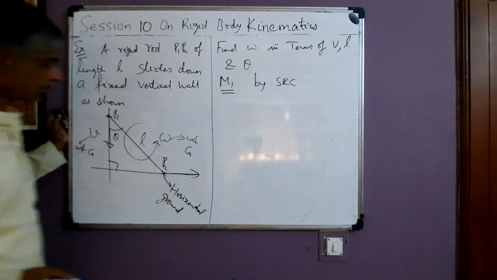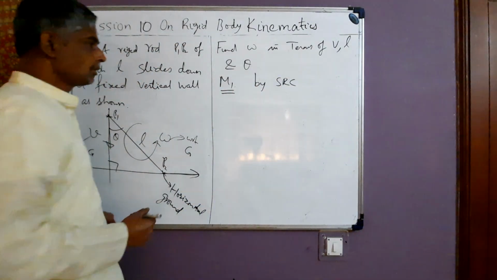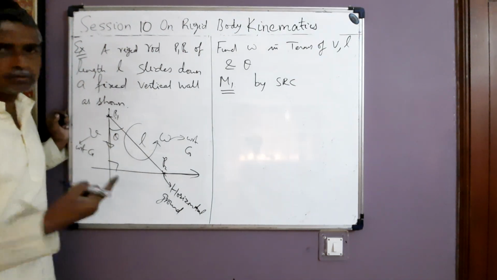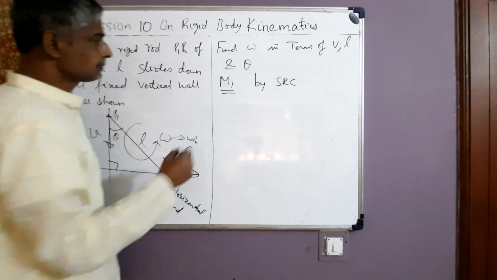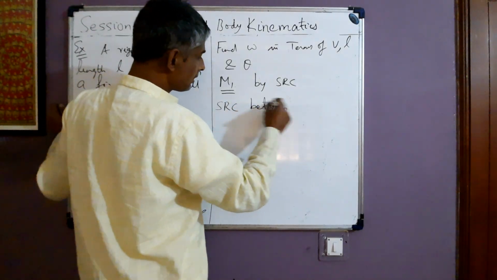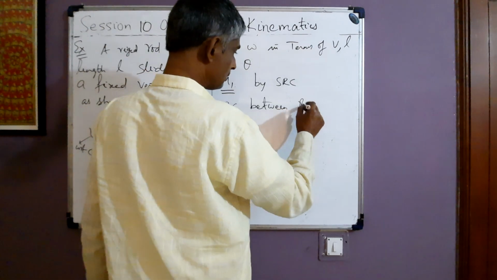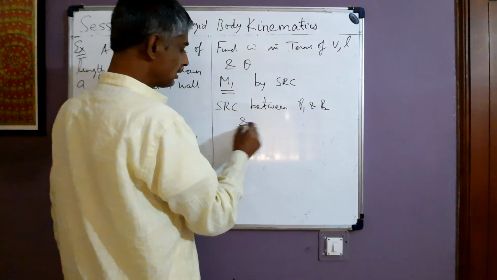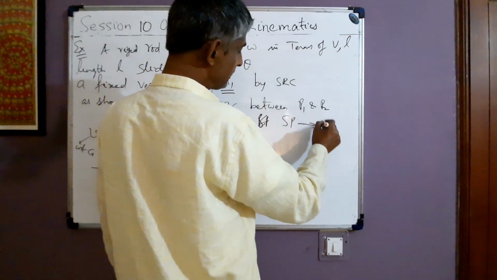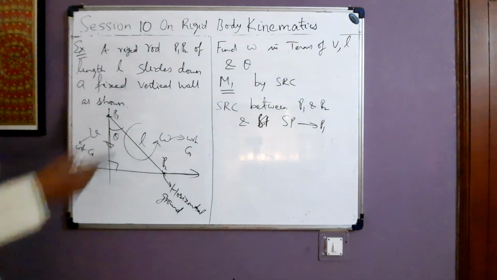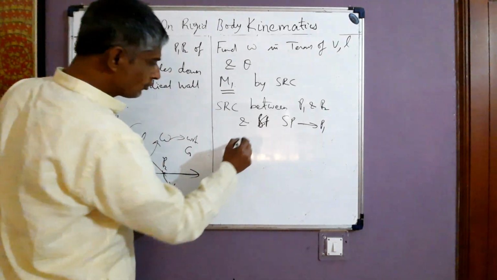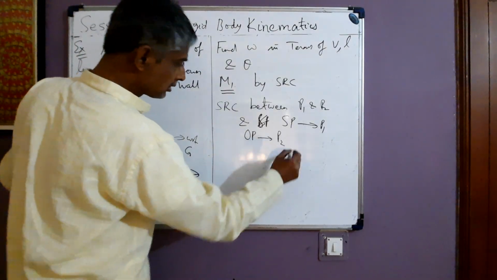By SRC, we apply SRC between P1 and P2. We can select P1 or P2, either one of them. I select P1 as the selected point, so P2 becomes the other point, OP.